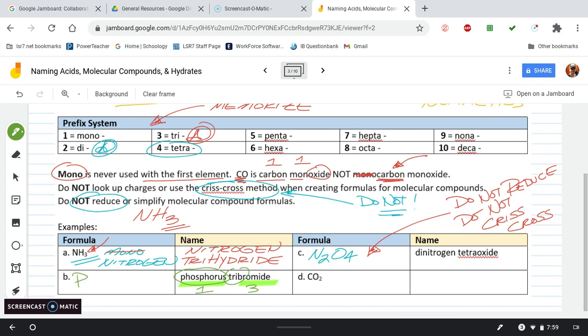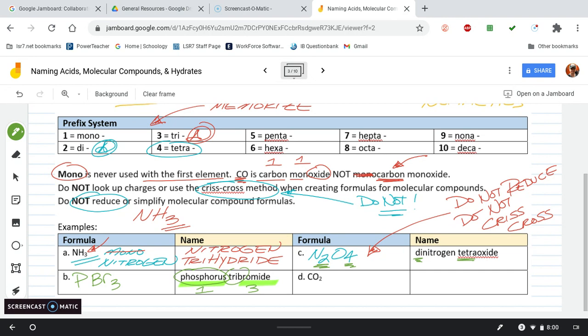So phosphorus is a P. And bromine or bromide is Br. And there we go. I don't crisscross. I leave them exactly where they're at. So this said dinitrogen over here. The 2 stays there. Tetraoxide, the 4 stays there. You don't move them.